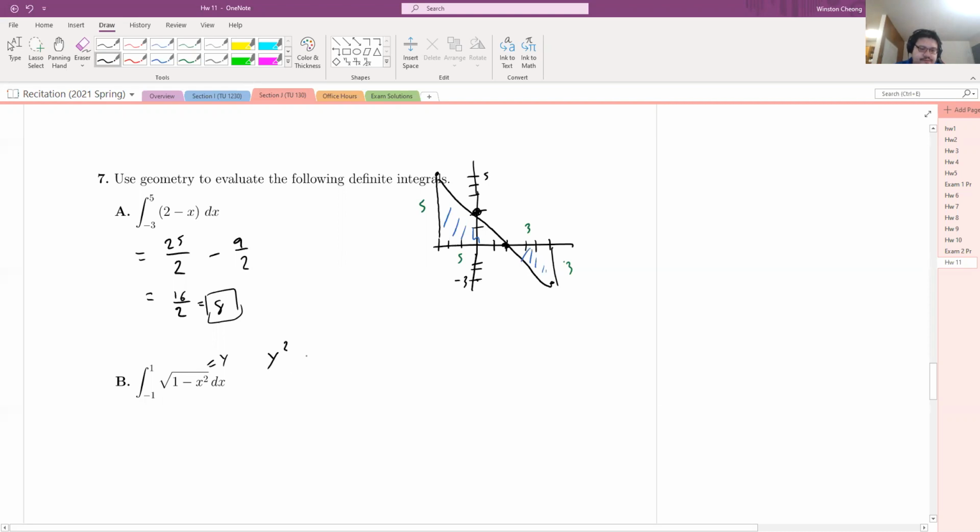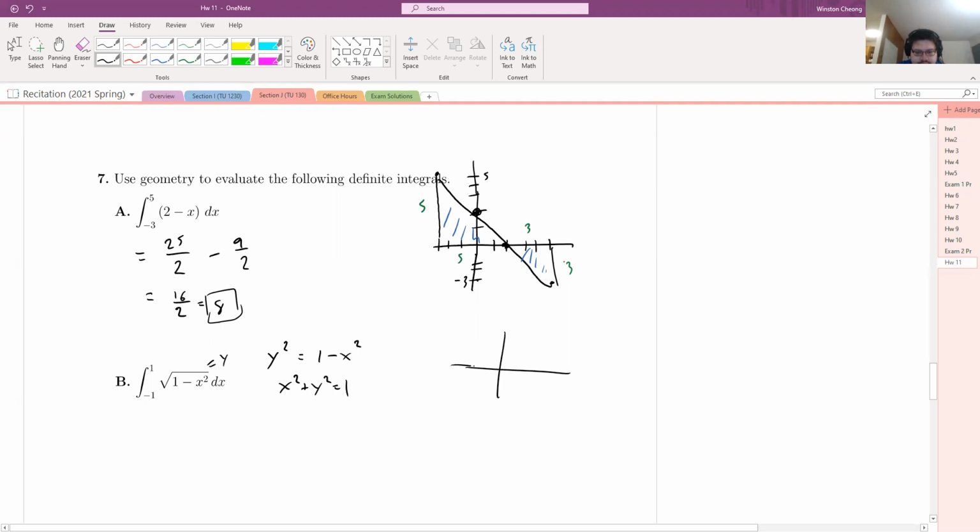So when you square both sides of this equation, you end up with y squared is equal to 1 minus x squared. And then moving things over, you get x squared plus y squared is equal to 1. And that certainly should look familiar. You should immediately recognize that is the equation of a unit circle.